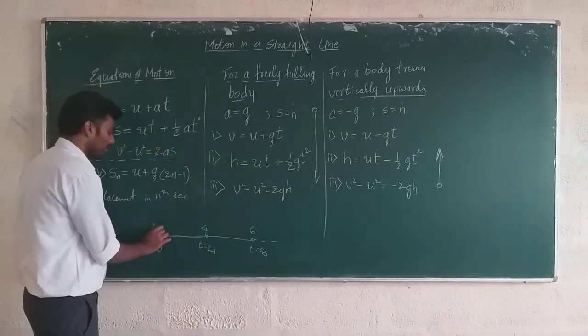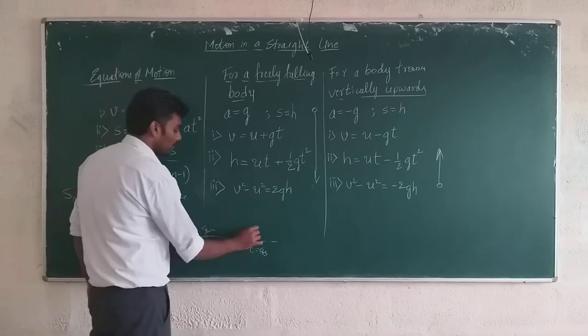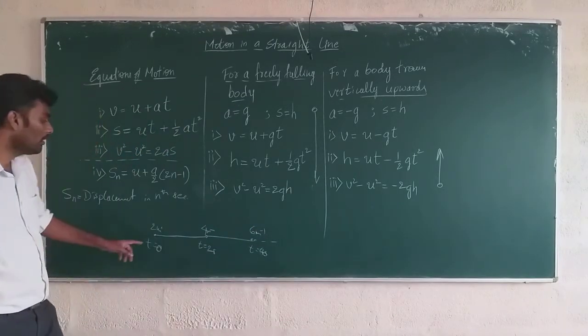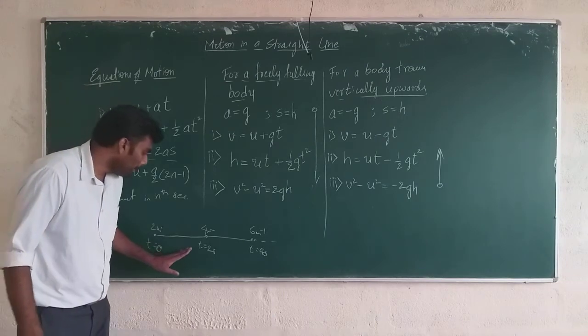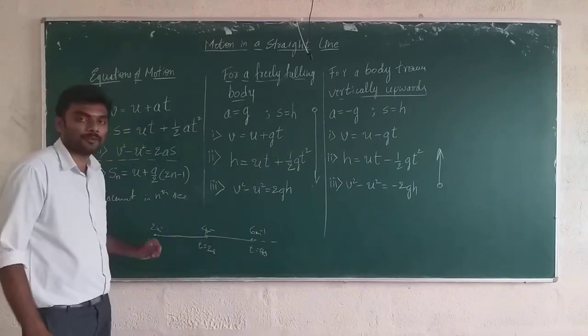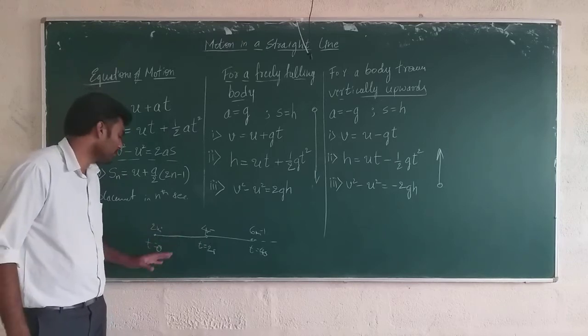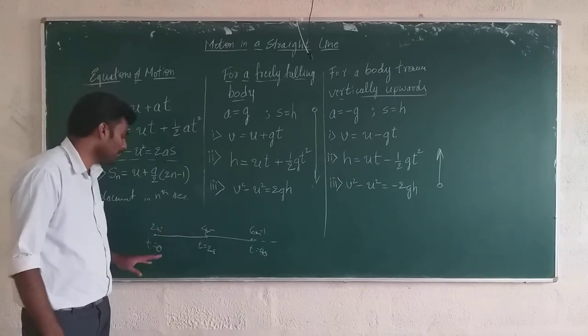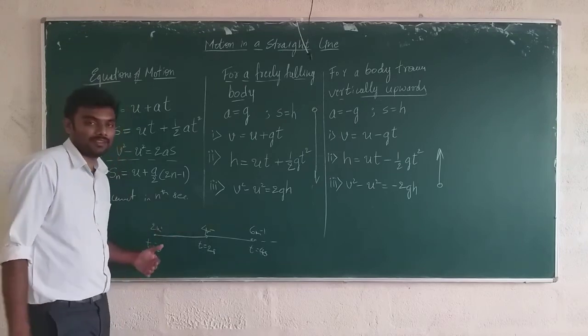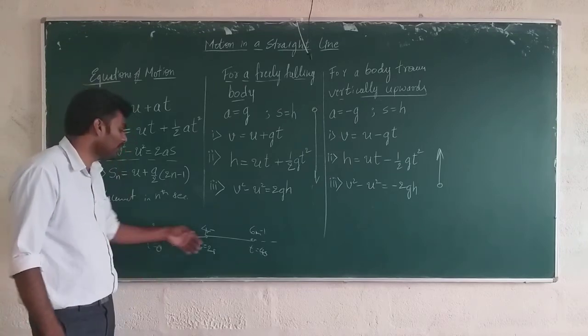This is how the speed keeps on increasing: 2 meter per second, 4 meter per second, 6 meter per second. So with time, the speed is increasing. We call it velocity. Velocity is increasing. At the same time, the body is covering a certain distance, or a certain displacement.